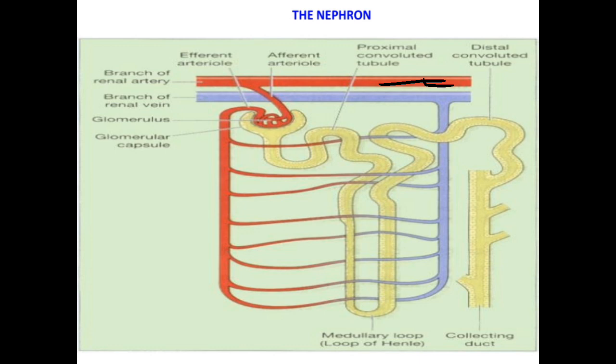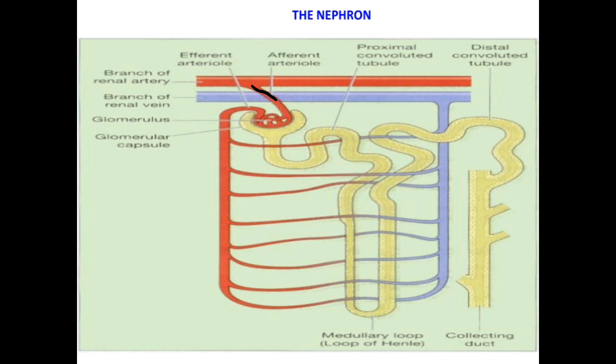From the aorta, it will branch into the branches of the aorta, and blood will be carried together with waste. It will come through the afferent artery, and from the afferent artery it will reach the glomerulus capsule.